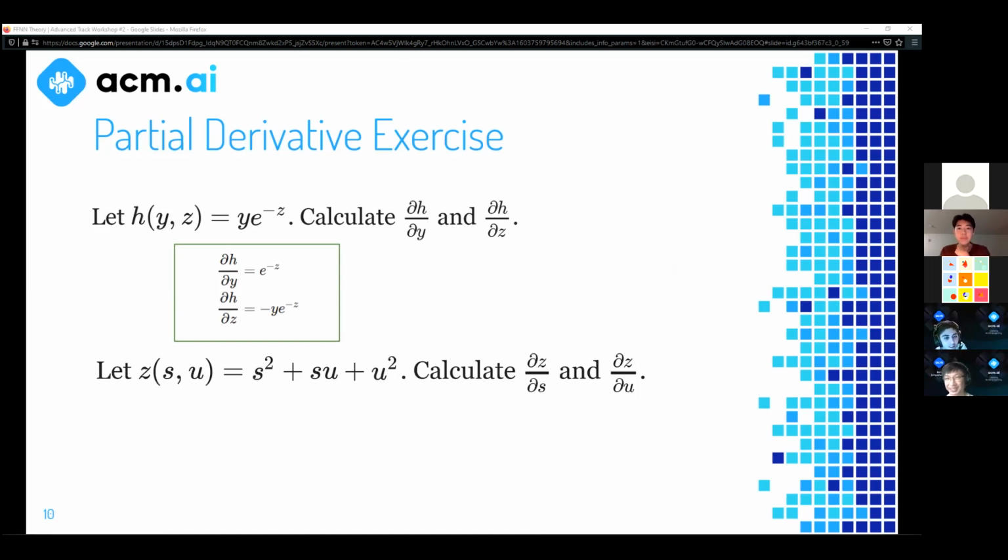Yeah, go ahead. So the s squared term becomes 2s for the partial derivative with respect to s, and for the su term, the u is a constant. So it would be 2s plus u. And for the partial derivative with respect to u, it's the same thing: the u squared becomes 2u, and in the us term the s is constant, so plus s.